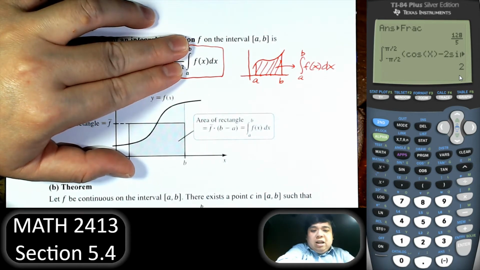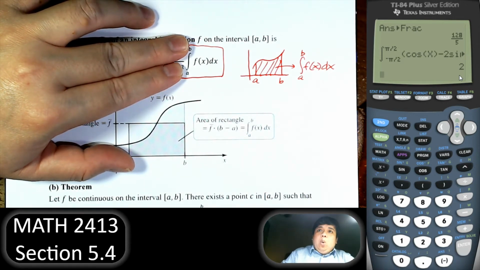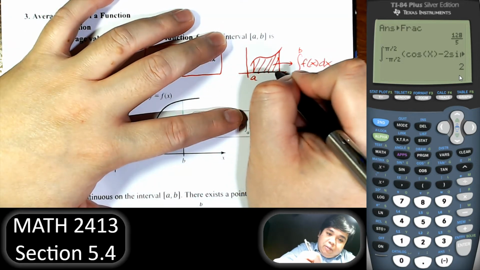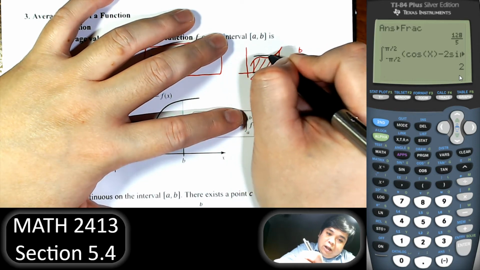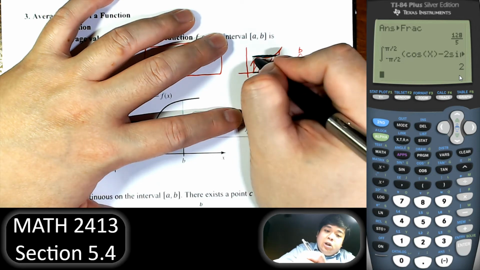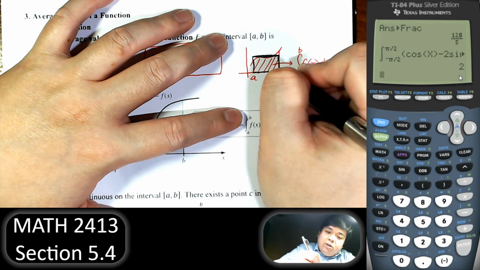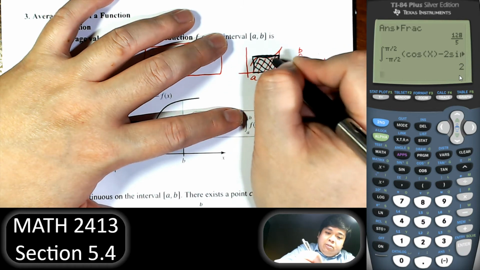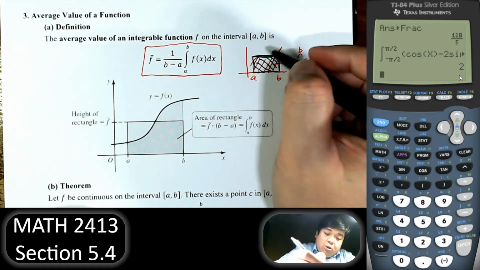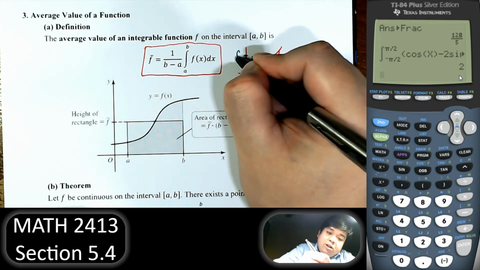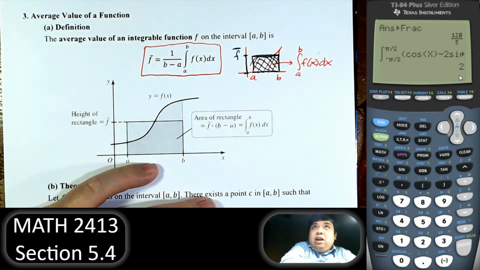Now, what if I want to find a rectangle with the same width? What would be the height so that the area of the rectangle is the same as that definite integral? Whatever that rectangle is, it will have the average as the height.